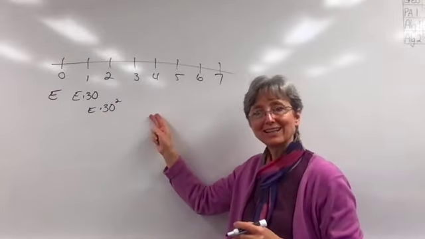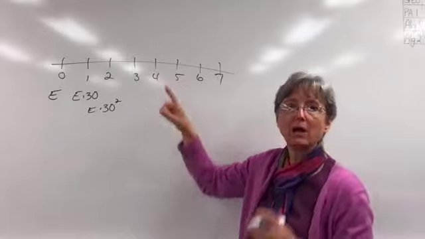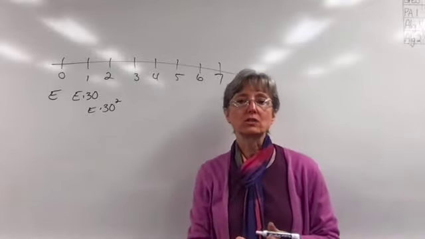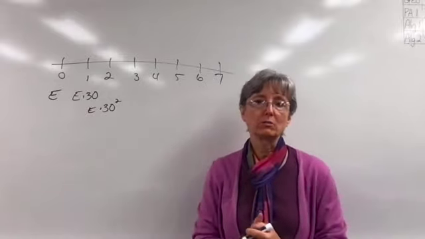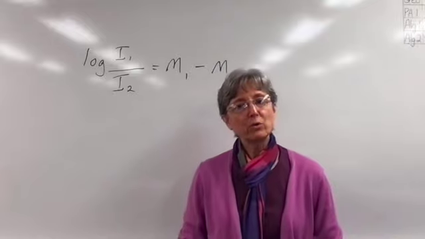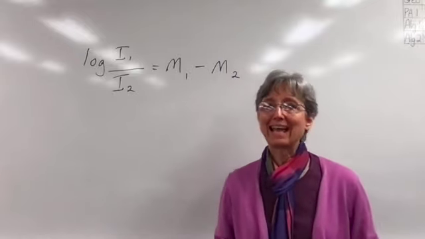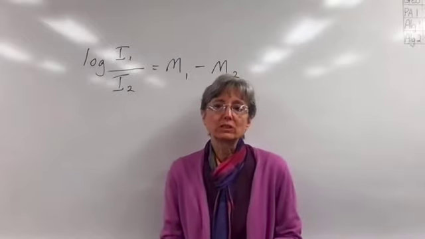So you're multiplying times 30 every time. So this is 30 cubed, 30 to the 4th power. Do you see how exponentially these numbers get huge in a logarithmic scale?